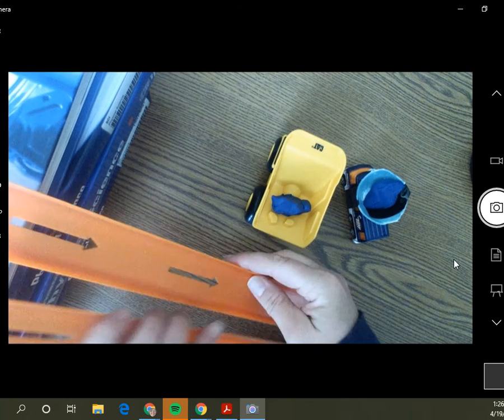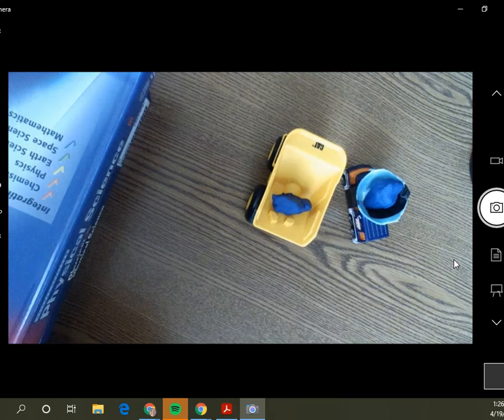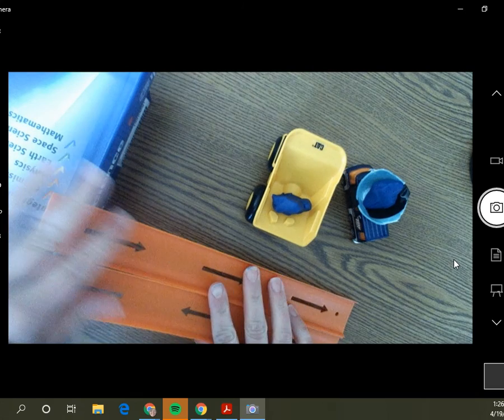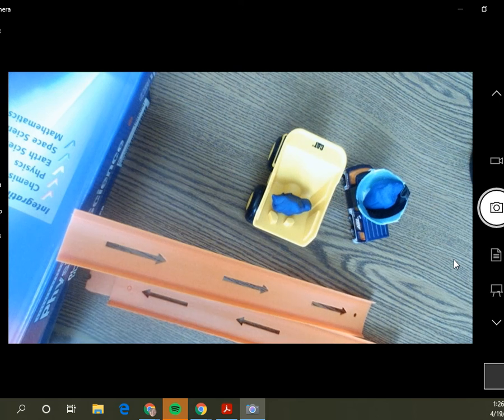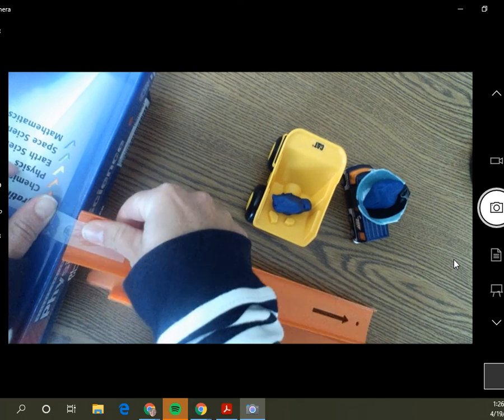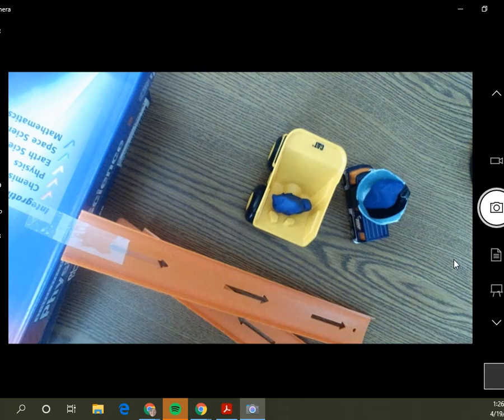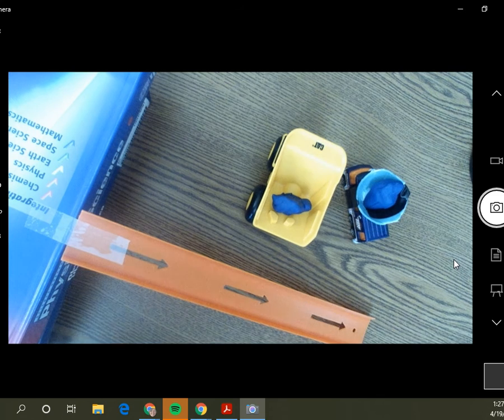Here's our ramps. Maybe those books are too high. All right, we're going to employ a little bit of tape so that our ramp doesn't fall down. Some of you might recognize these as Hot Wheels tracks.